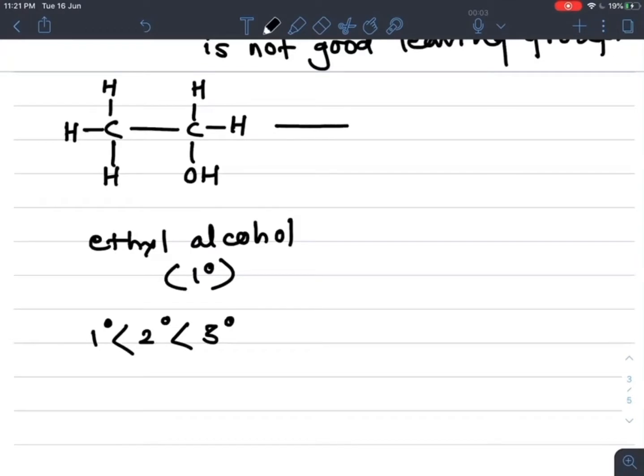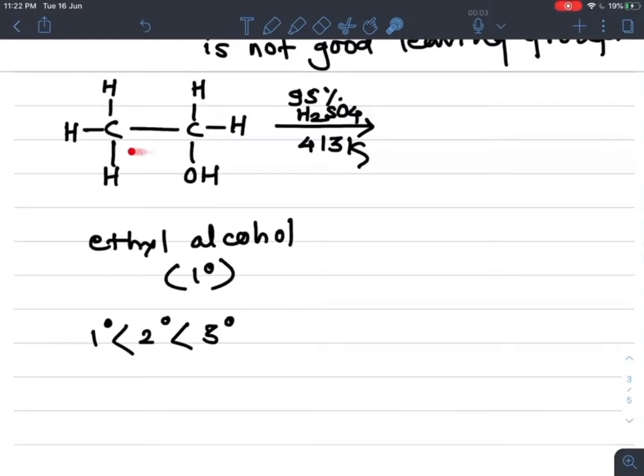So when it is treated with concentrated H2SO4, about 95% concentrated H2SO4 is required, and at about 413 Kelvin temperature the dehydration takes place. So what happens? This H2O is replaced and we get its corresponding, what is remaining?